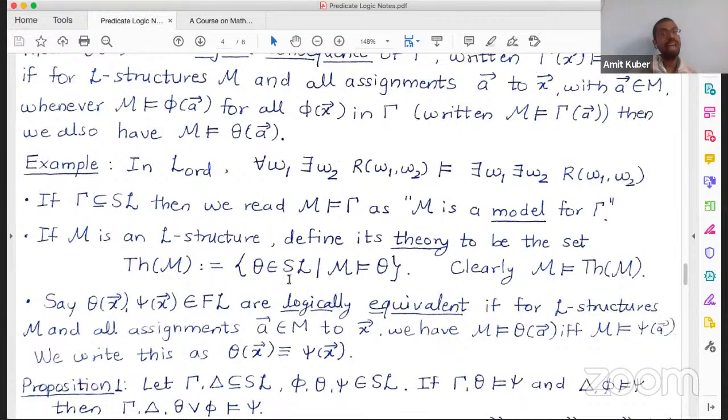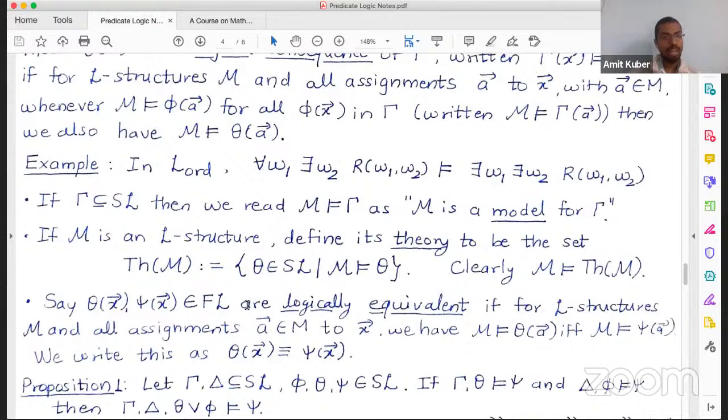In fact, for every sentence theta, exactly one of theta or negation theta belongs to the theory of M. So this theory of M qualifies to be an ultrafilter in the collection of all logical equivalence classes of formulas.